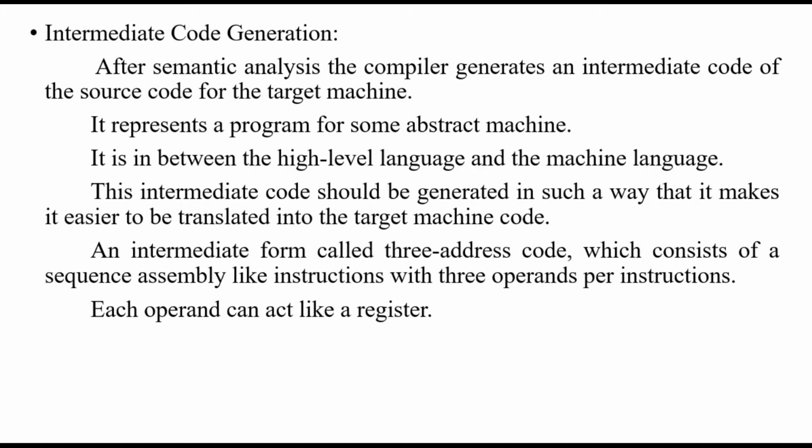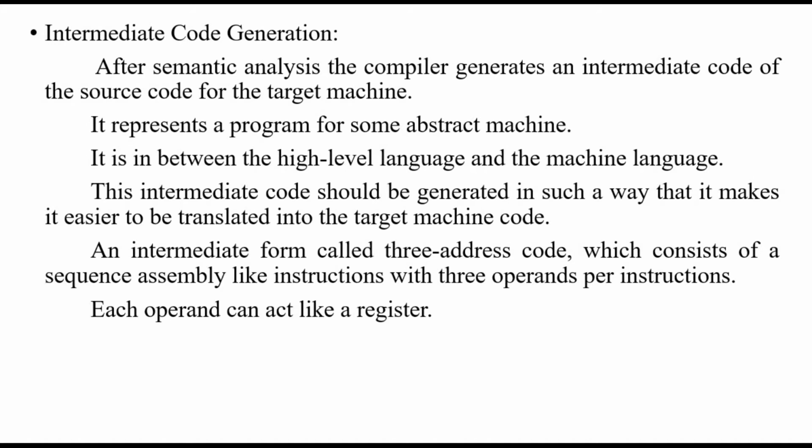It represents a program for some abstract machine. It is in between the high level and the machine level language. You can say that the intermediate code generator phase is the bridge between the analysis and synthesis phase.